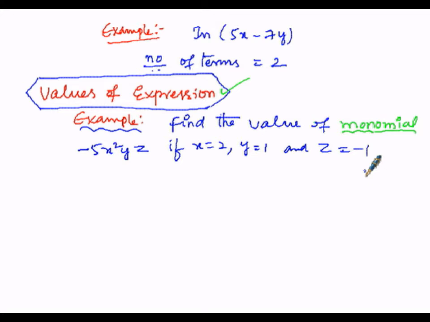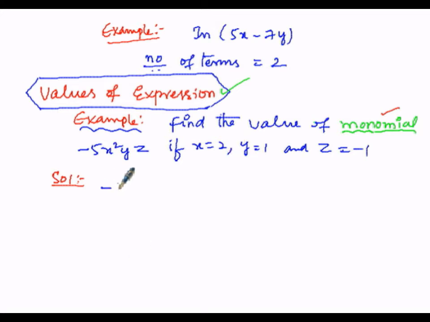First of all, we consider this as the monomial expression. Then let us find its value by substituting x as 2, y as 1 and z as minus 1.